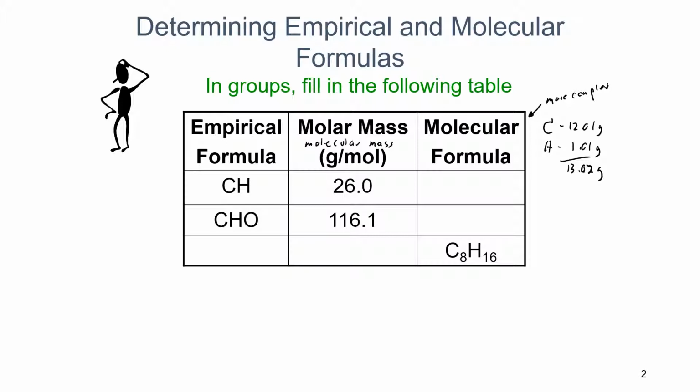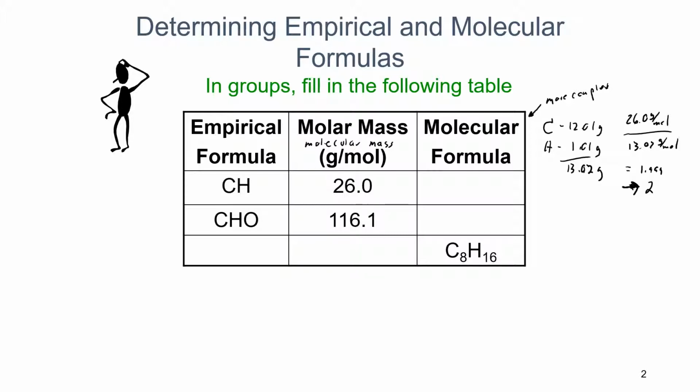So what that means is that my molecular formula is going to have more atoms in it than just 1 carbon and 1 hydrogen. And we can find out what this multiplier ratio is by taking 26.0 grams per mole divided by 13.02 grams per mole. And that winds up giving us 1.999 for this ratio. And we're going to round that to 2, because we know we can't have 0.999 of an atom.